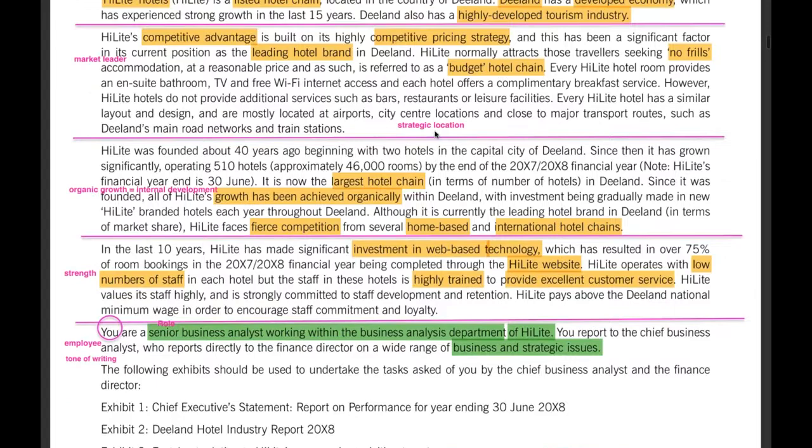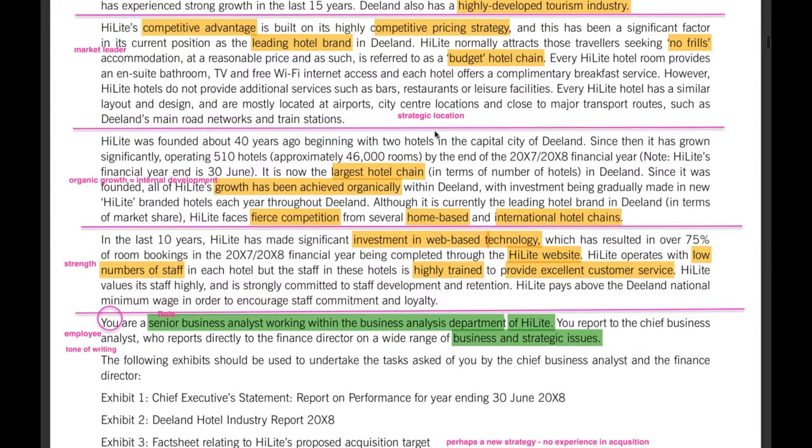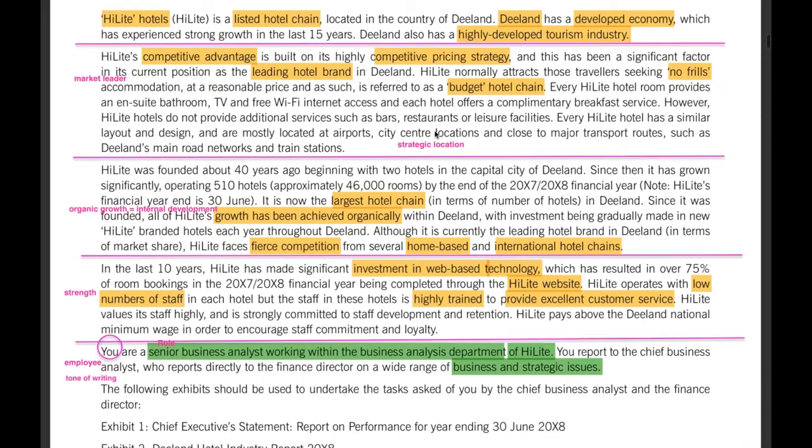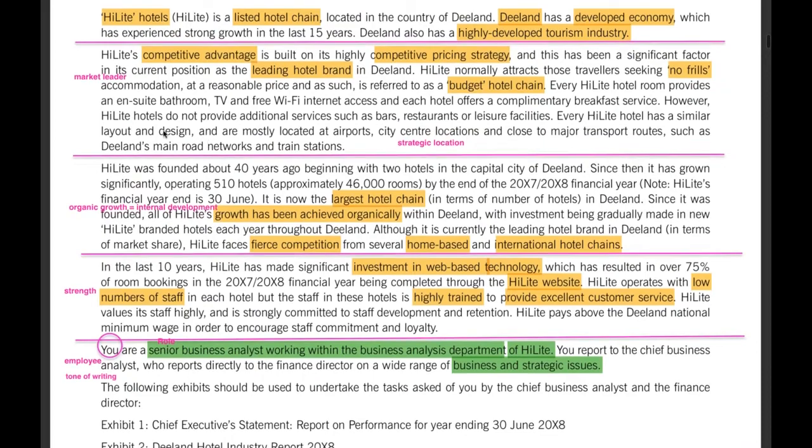Where was it? This one here, the strategic locations. This one has a similar point under the strategic location.